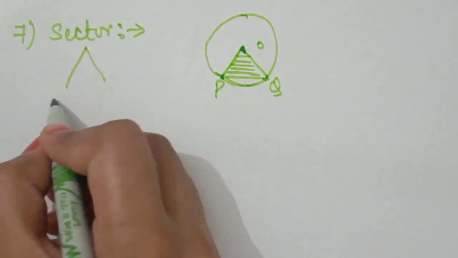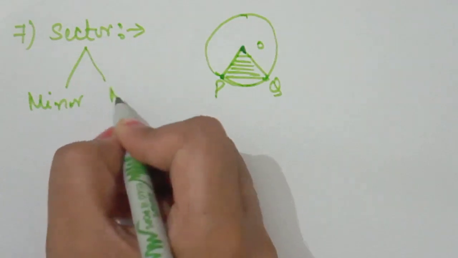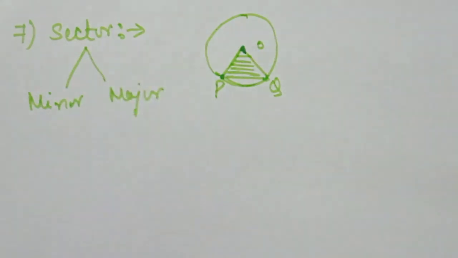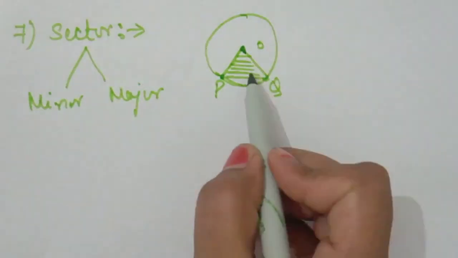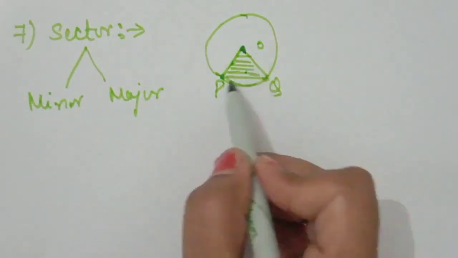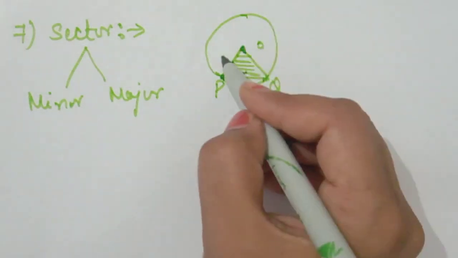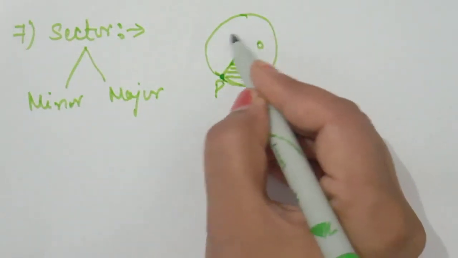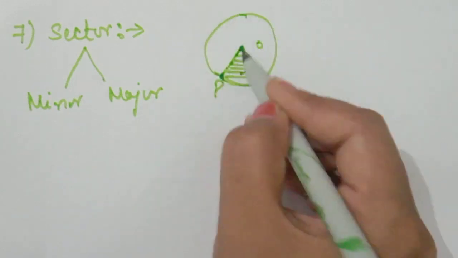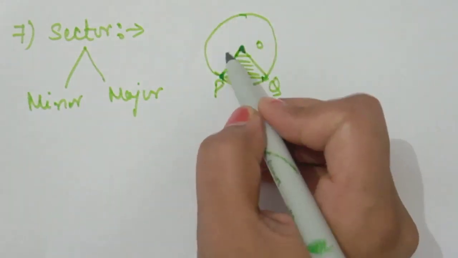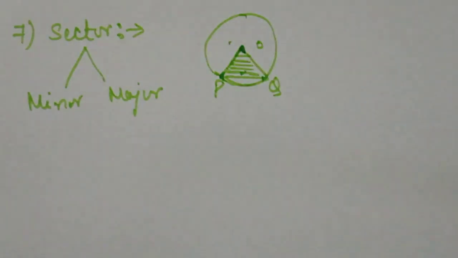Similarly, a sector has two parts, minor and major. It means minor sector and major sector. So the area enclosed between two radii and the minor arc is called the minor sector, and the area enclosed between one arc and two radii, because we have the major arc here, we call it the major sector.